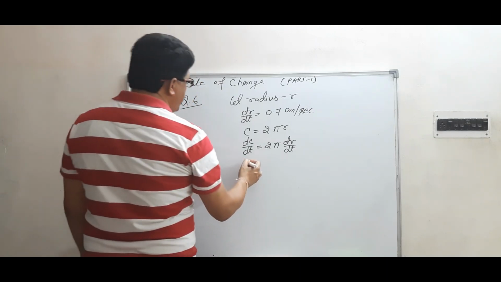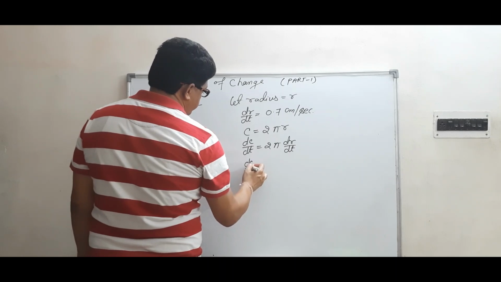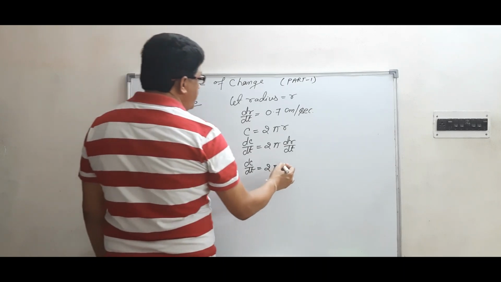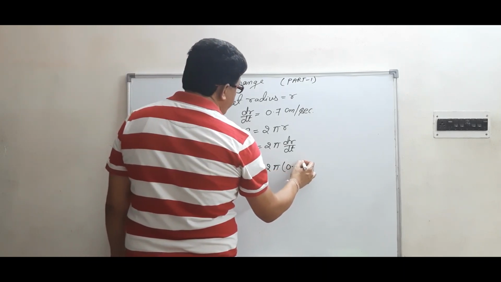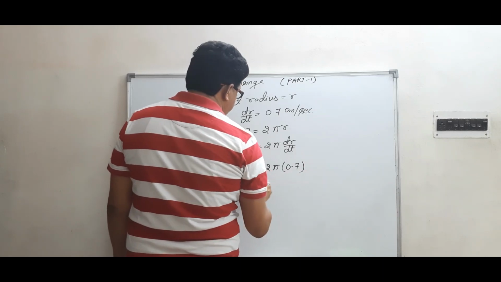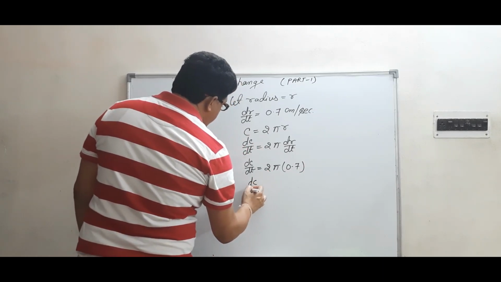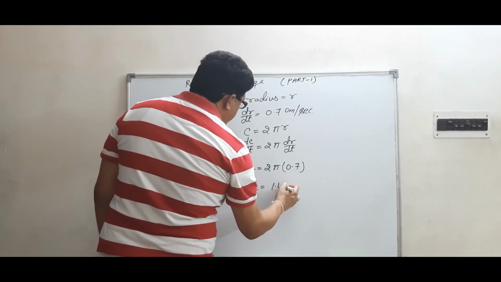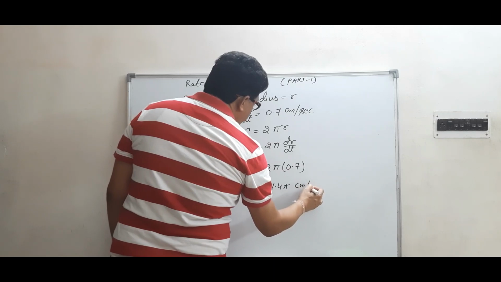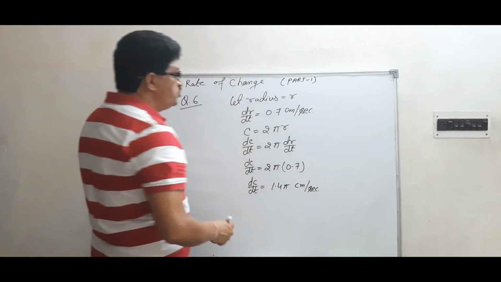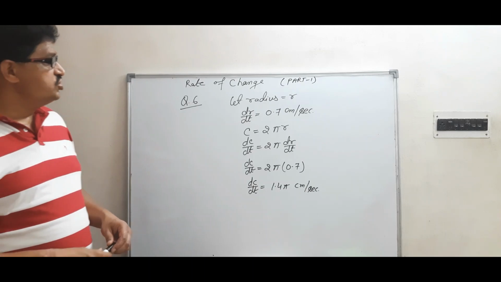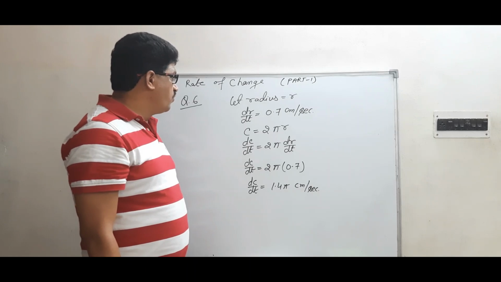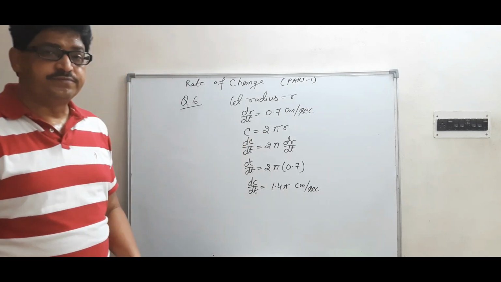So dC upon dt is 2 pi times 0.7, which is equal to 1.4 pi centimeter per second. So in this way you can find the change in circumference of a circle when the change in radius is given.